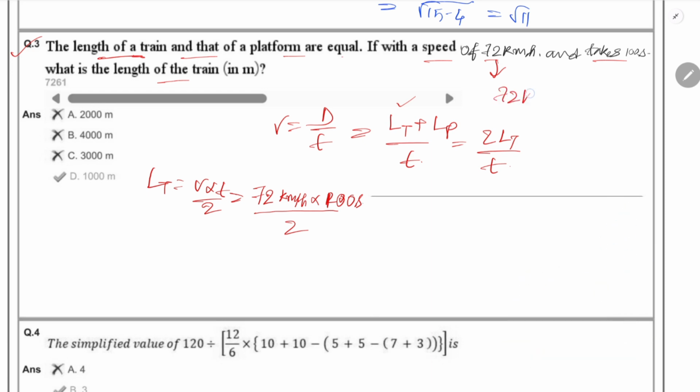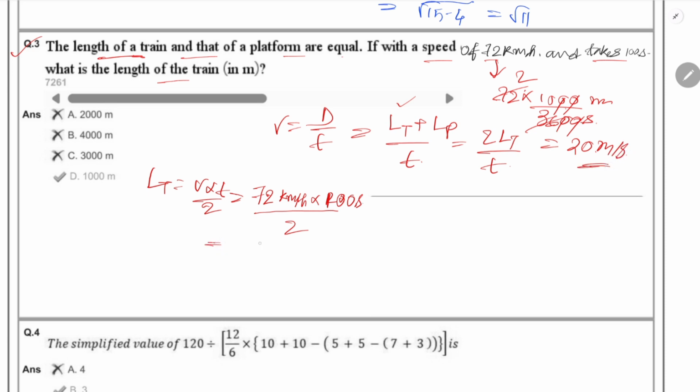So 72 km per hour is equal to 72 into 1000 meters per 3600 seconds. Cutting down, this will be 20 meters per second.